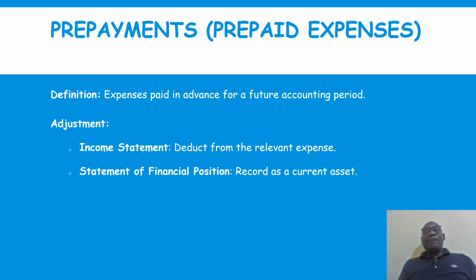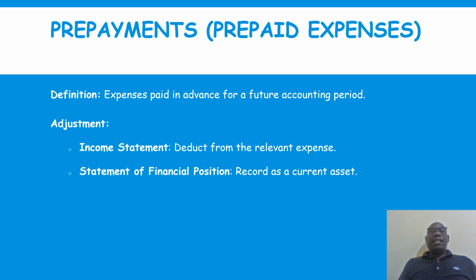In the income statement, specifically the profit and loss account section, and secondly, the adjustment will be in the statement of financial position. So in the income statement, the prepayment is supposed to be deducted from the relevant expense account.